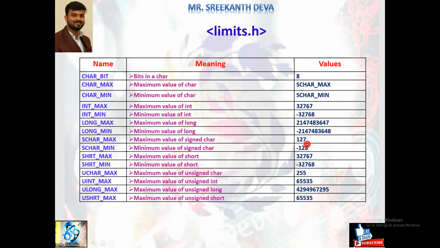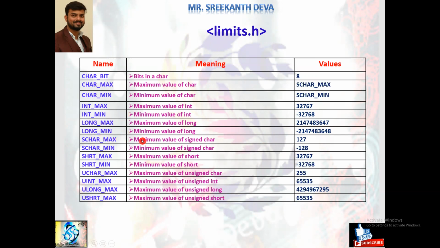So as we discussed in detail in the previous video session with example programs of character type. Next, INT_MAX, maximum value of integer is plus 32,767. INT_MIN, minimum value of int is minus 32,768. The range of integer is minus 32,768 to 32,767. See, this integer is going to vary based on the bits of memory. LONG_MAX, maximum value of long is 2147483647.